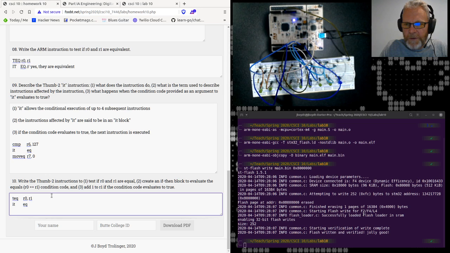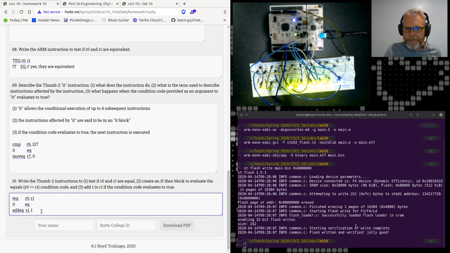And then add 1 to R1 if that evaluates to true. So notice that the conditional instruction has the same condition code on it. So this is my if-then block. I'm adding 1 to R1. That's my if-then block. Notice the condition code is the same. So that's the three pieces that answer that question.